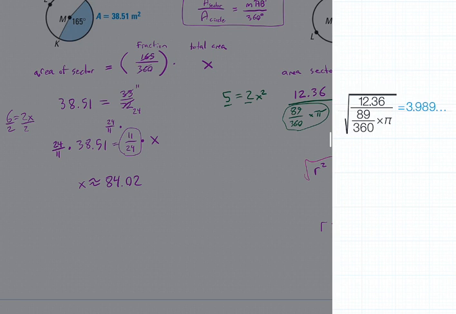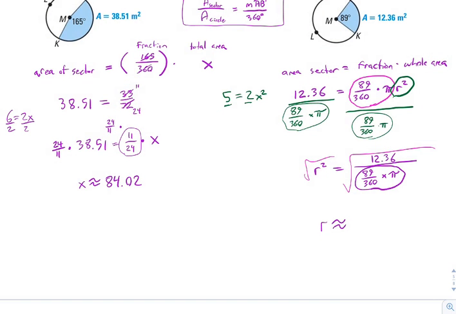There we go. So we've got 3.989, and I did not round until the end of the problem. Depending on what they wanted you to round to, that would be around 3.99 if they wanted it to the nearest hundredth.